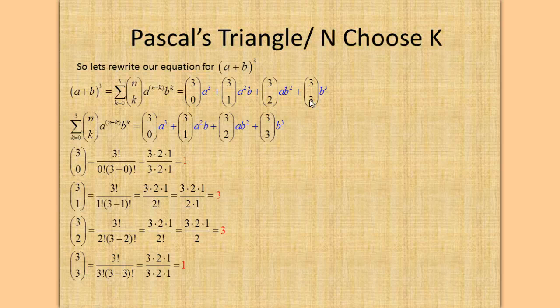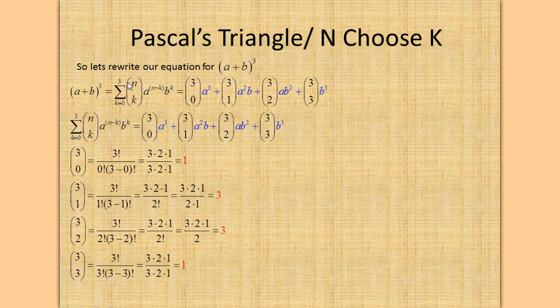There's only one way. So let's rewrite our equation for a plus b cubed in Pascal's triangle using n choose k, as we just discussed. Previously we had a plus b raised to the power of 3 is equal to the sum from k equals 0 to 3, because each time we plugged in n minus k, from k being 0, 1, 2, 3, we had to sum those, add the results.